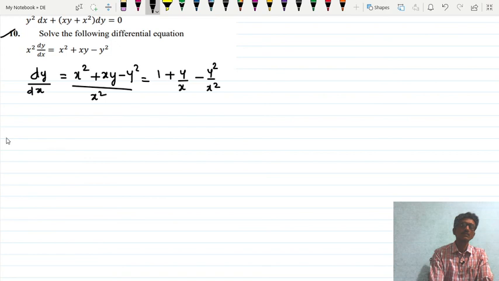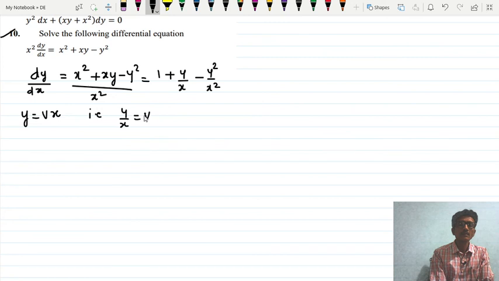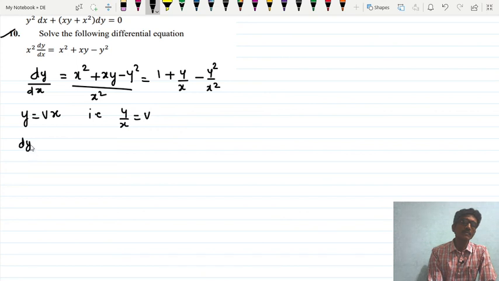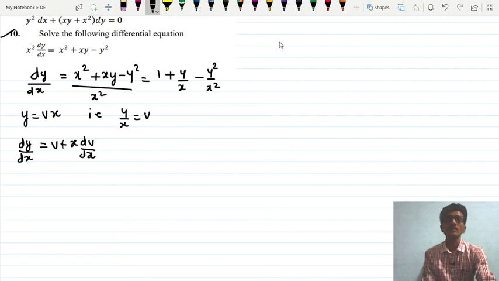Now here we put y is equal to vx. It is a homogeneous differential equation, so y upon x is equal to v, and dy by dx is equal to v plus x dv by dx. We'll be making this substitution.